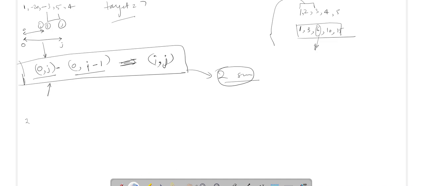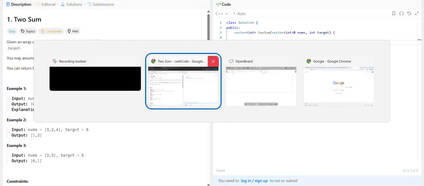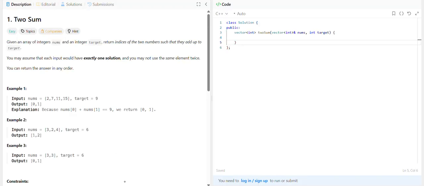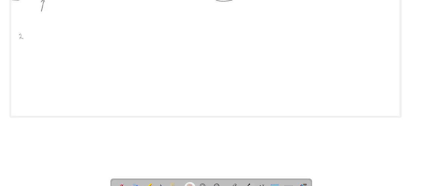So let's do that. Okay, so I have opened the two sum question in front of me, and I'm gonna write down the question on the board, and then we're gonna peel the layers, because most people are able to solve it, but they stay at the superficial level. So I wanna go a step deeper than that, because in the process the knowledge that you get, you can then apply anywhere.